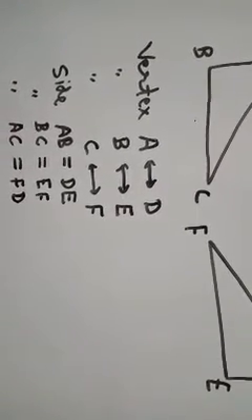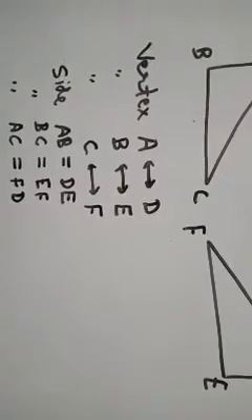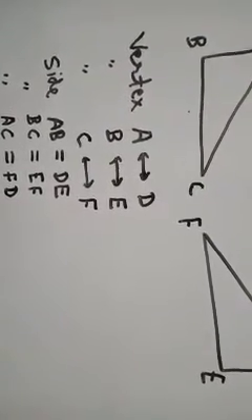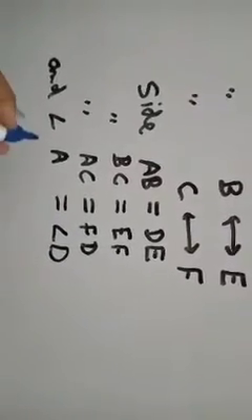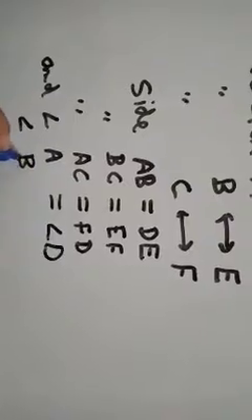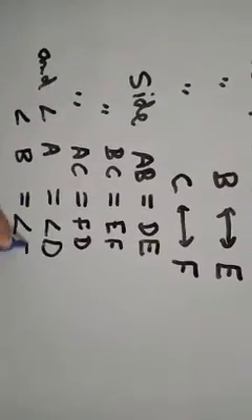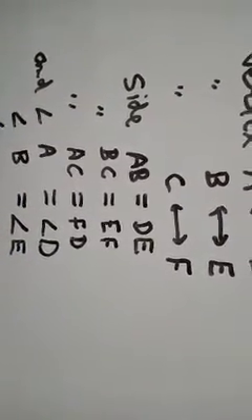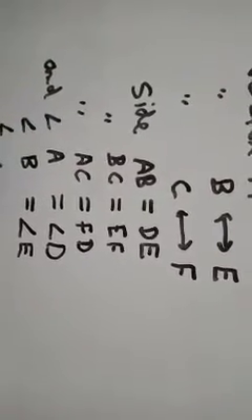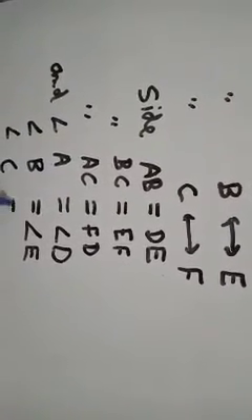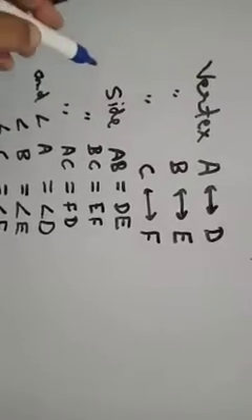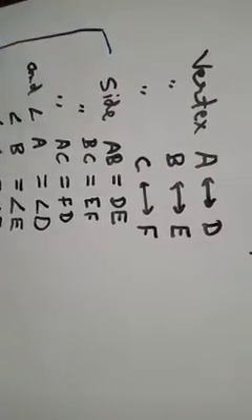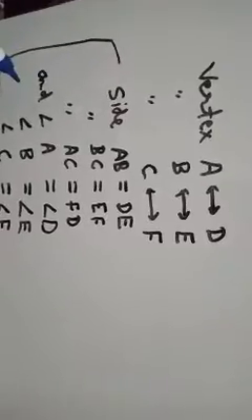And angle A is equal to angle D, angle B is equal to angle E, and angle C is equal to angle F. So earlier I have told you the triangle has 6 elements, 3 sides and 3 angles.